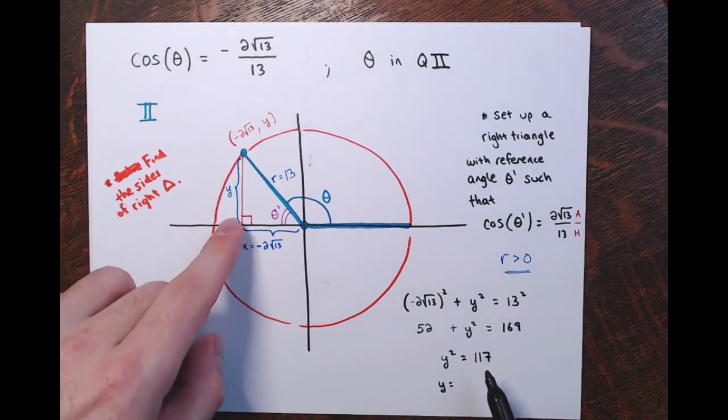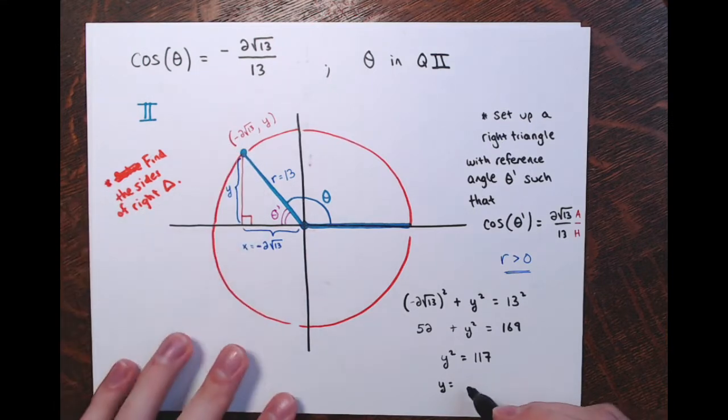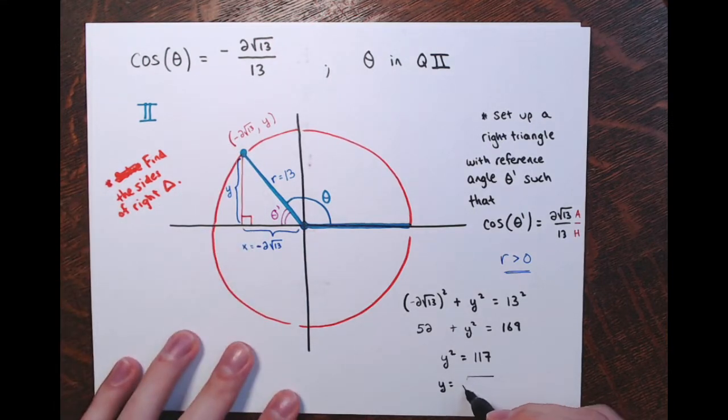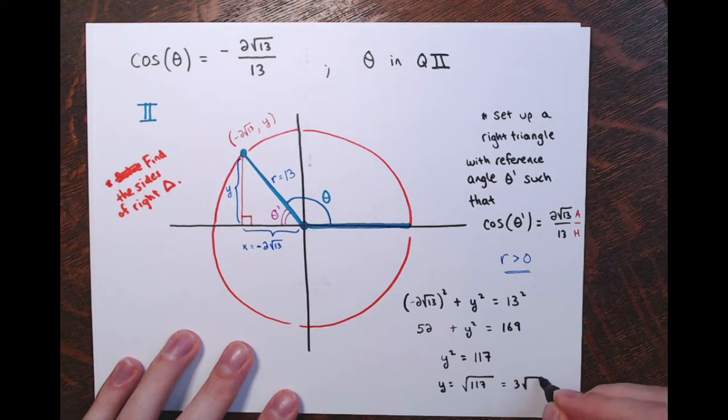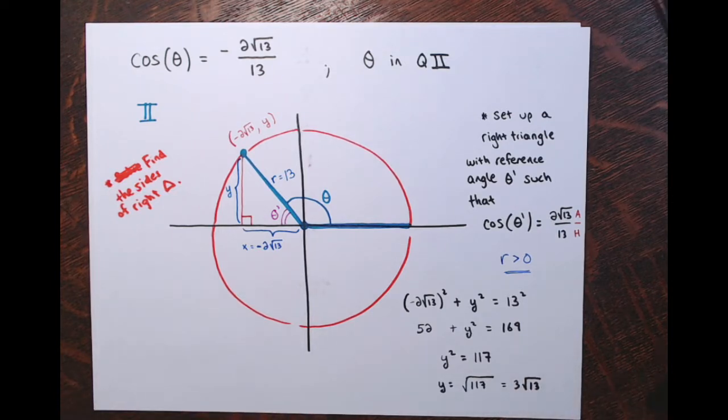But notice on my picture, we're in quadrant 2. The y coordinates are positive, so I'm going to use the positive square root of 117, which can be simplified. This is actually 9 times 13. It's the square root of 9 times the square root of 13. This is 3 times the square root of 13.